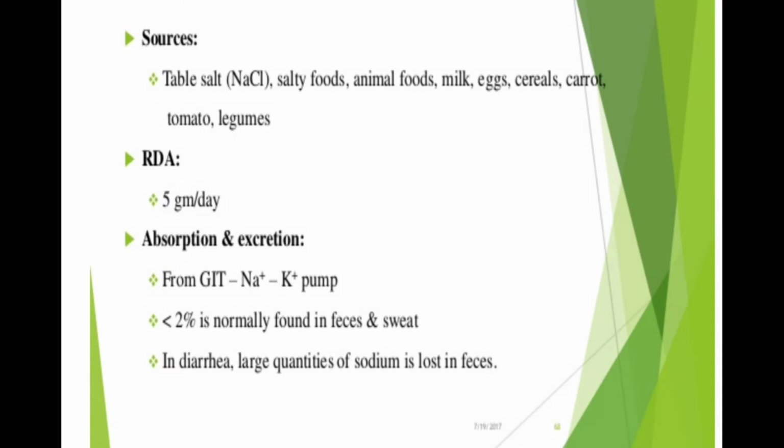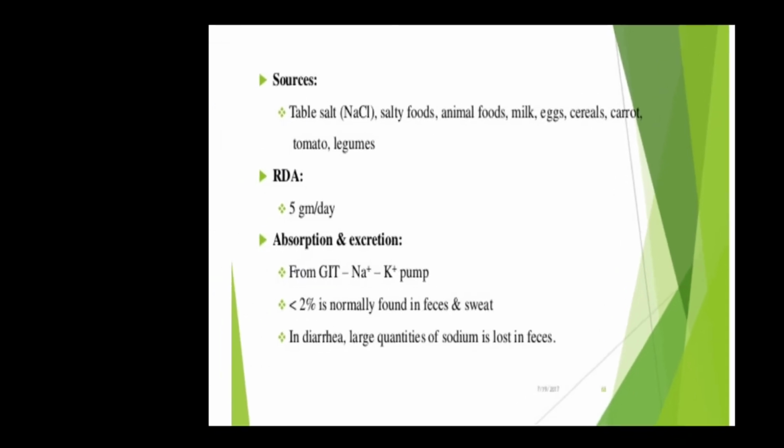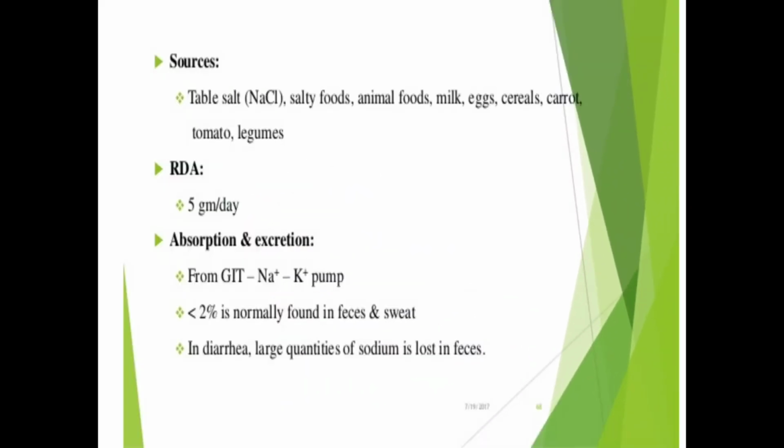Absorption and excretion in brief: absorption is from the GIT, gastrointestinal tract. Sodium potassium pump. Less than 2% is normally found in feces and sweat. So remember that in the sweat also sodium is excreted, and in the urine also sodium is excreted.